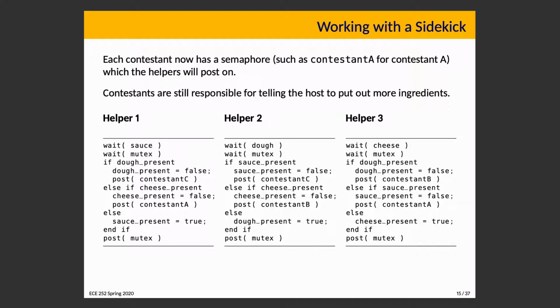So whether it was dough or cheese, it will activate either helper 2 or helper 3, and that person will then decide, okay, here's what I see as the state of ingredients, and then actually activate the correct contestant.